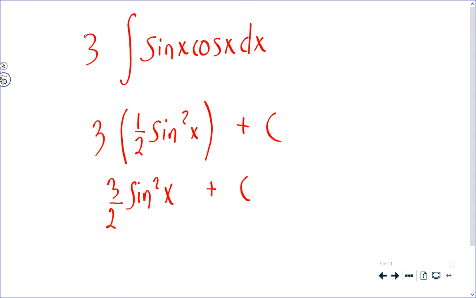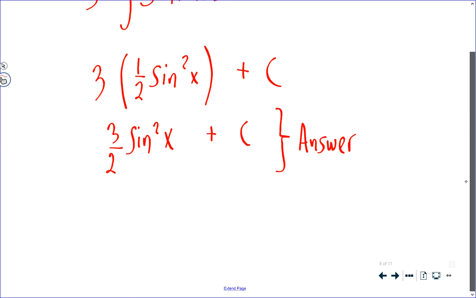I'm asking you to figure out why, when you differentiate this, which I'm claiming is the answer, it gives you 3 sine x cos x. But I'm asking you to just be honest with yourself here and pause the video and give it some thought.